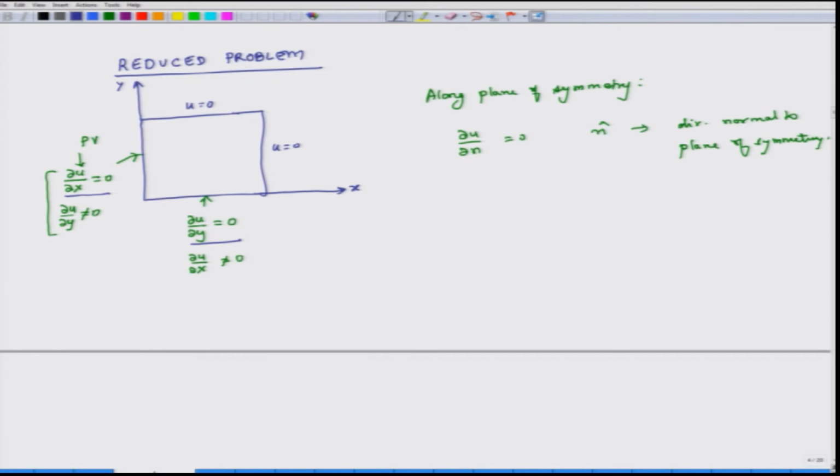So with that understanding, what I do is I break this up, and let us say I break it up into 4 elements for purposes of this class, and my global node numbers are 1, 2, 3, 4, 5, 6, 7, 8, 9.